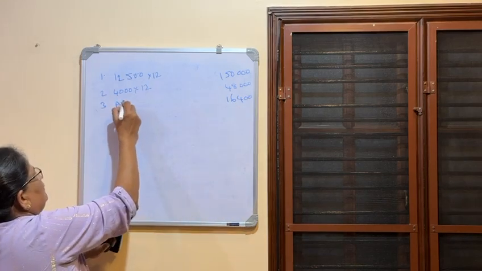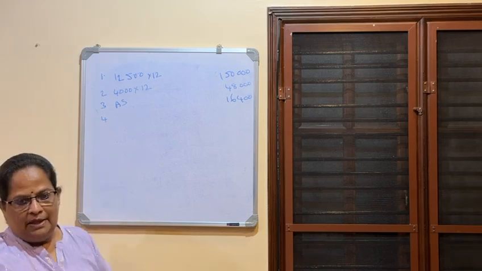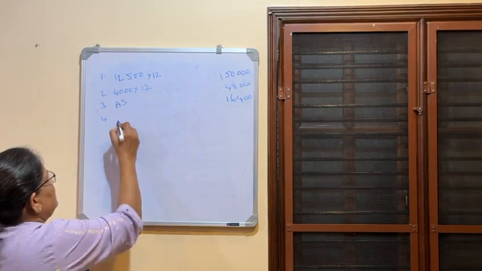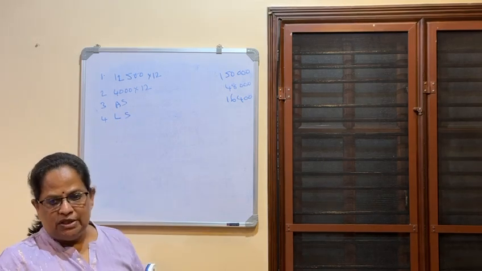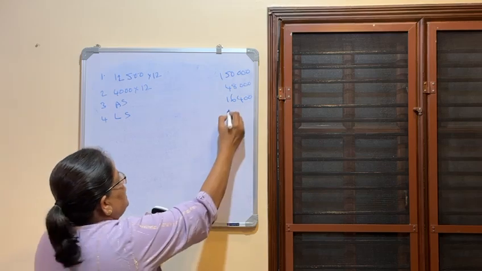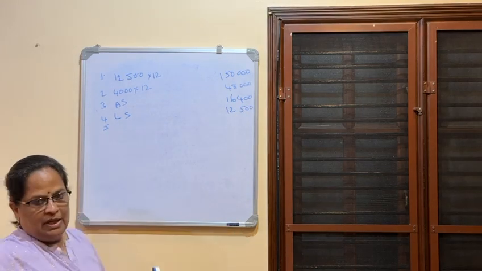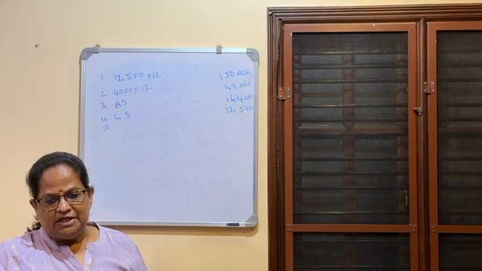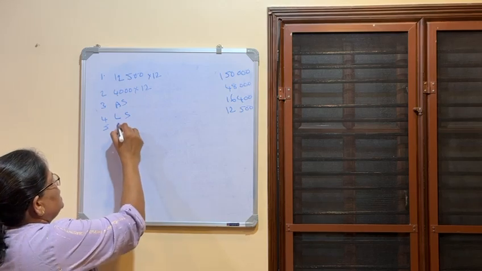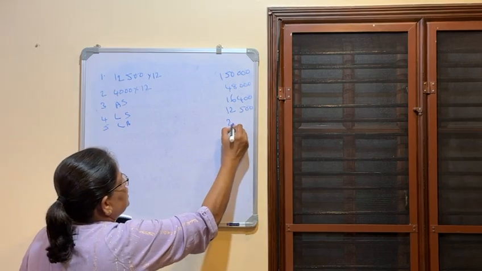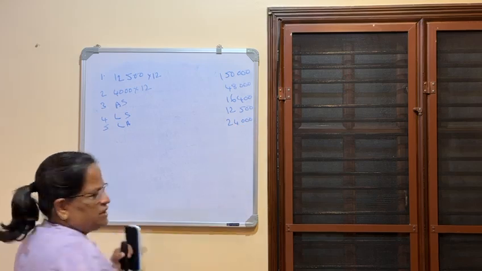Third is advance salary 16,400, fully taxable. Next is leave salary 12,500. Next is lunch allowance, fully taxable, 2,000 into 12, that is 24,000.